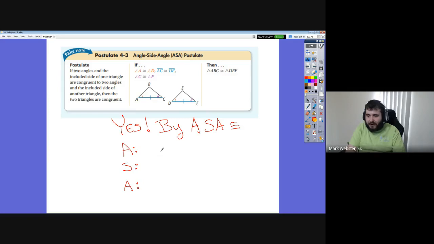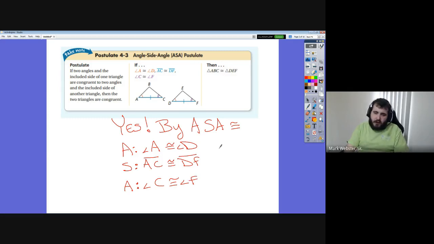Well, what's my left angle? Angle A is going to be congruent to angle D. What's my side pair on the bottom? AC is going to be congruent to DF. And what's my angle pair on the right? Angle C is congruent to angle F.